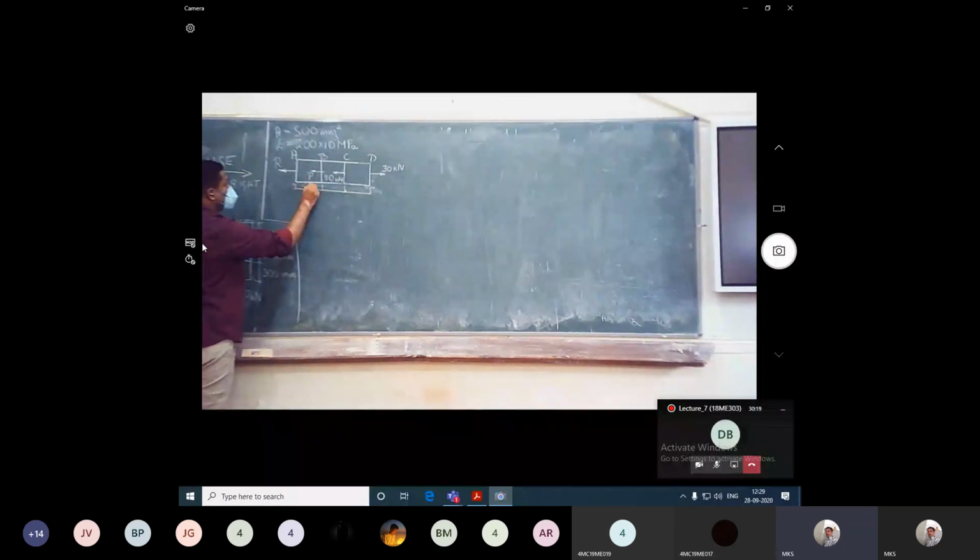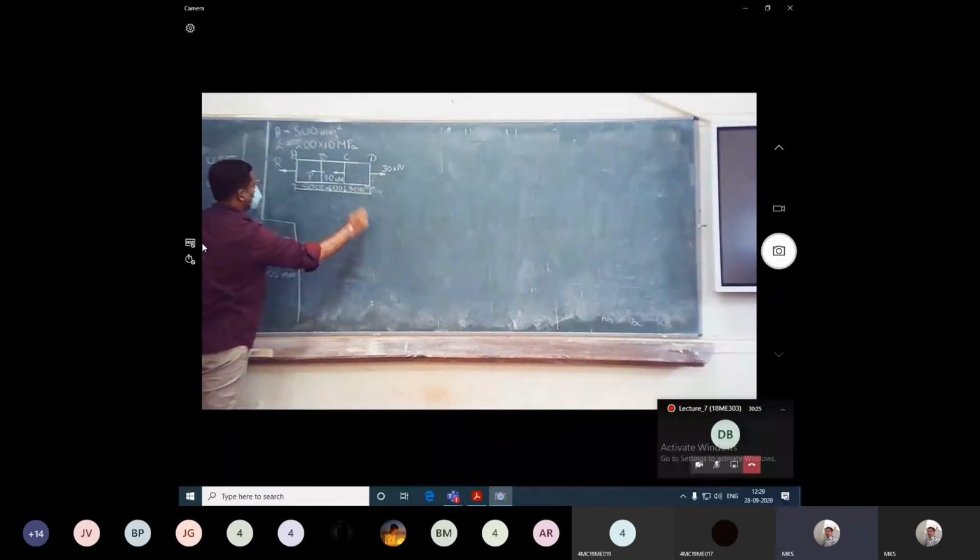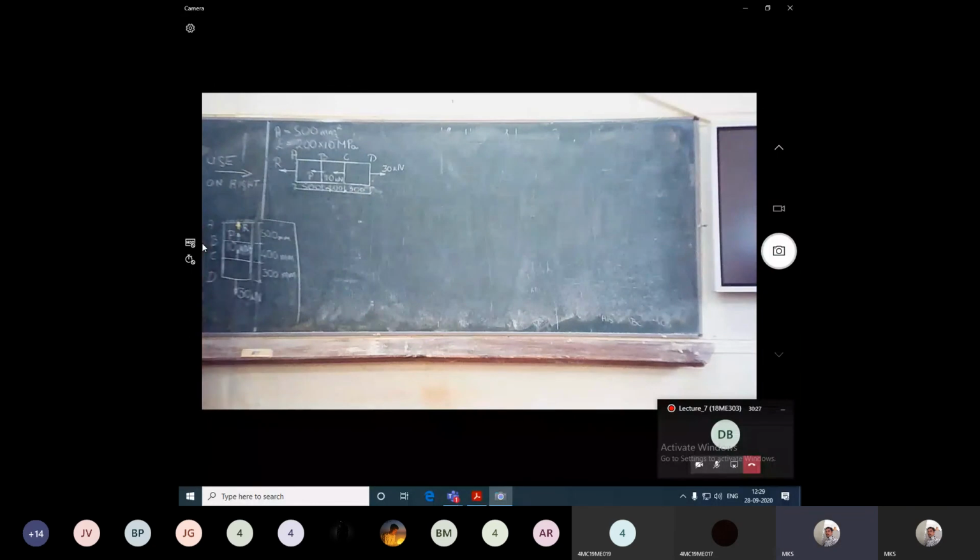400 and 300 mm. So these are the lengths of the bar. Now individually you draw the equilibrium of each section.